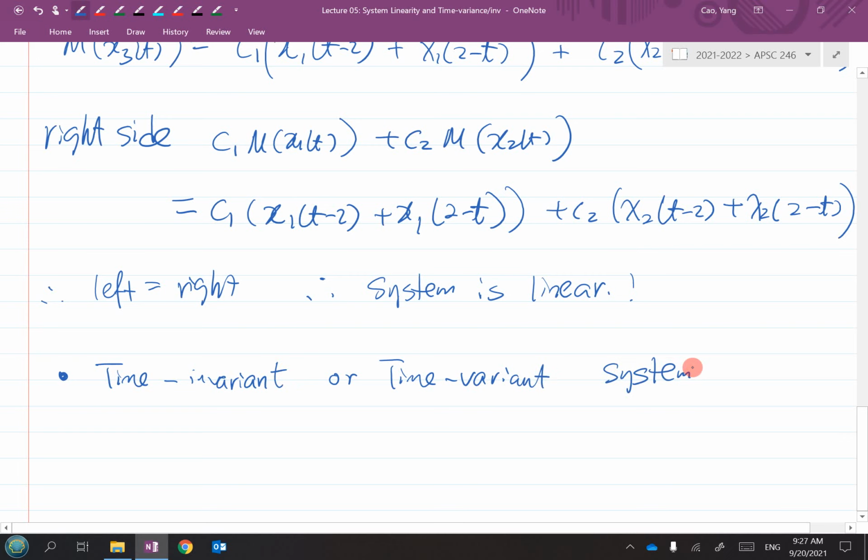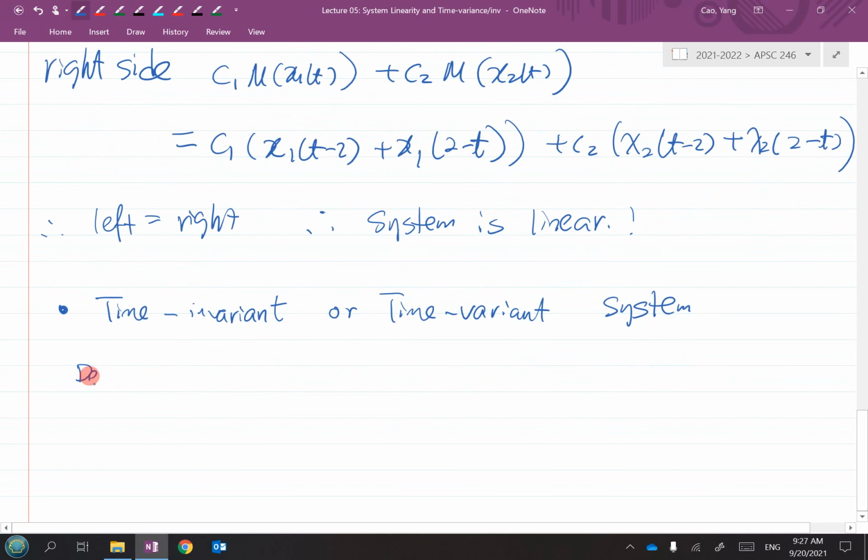Okay. So here's a formal definition. Let's define a system for us. We use the operator m representing a system. We use the input, which is x of t.